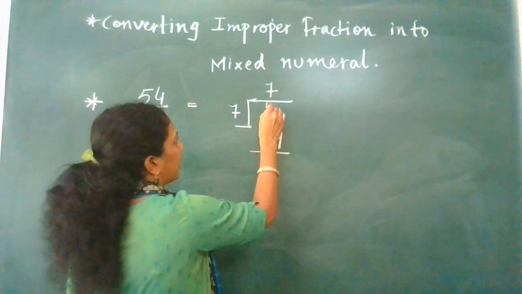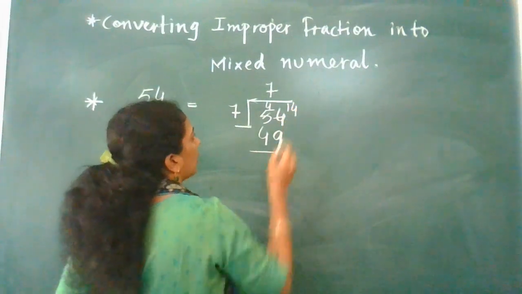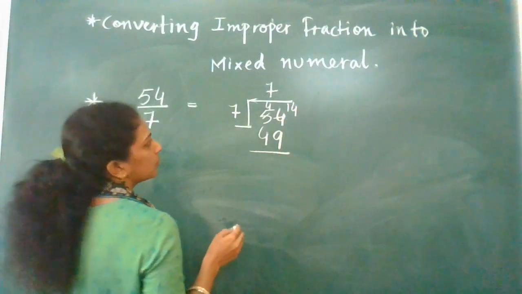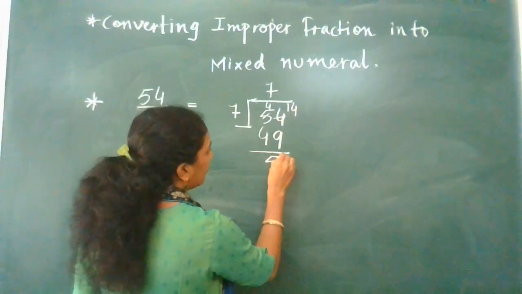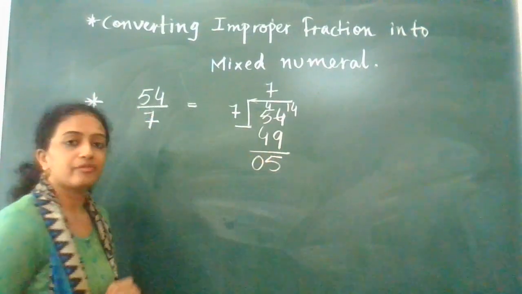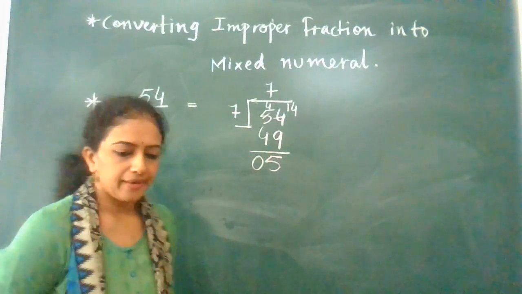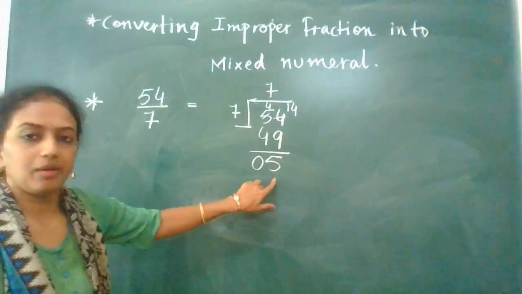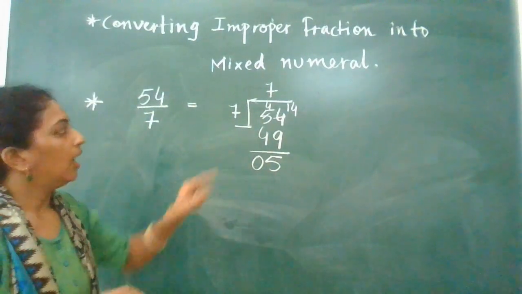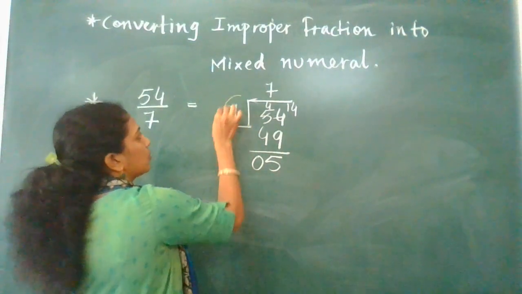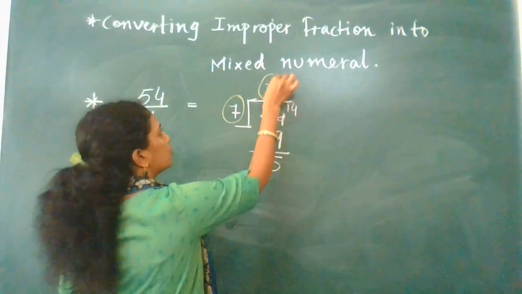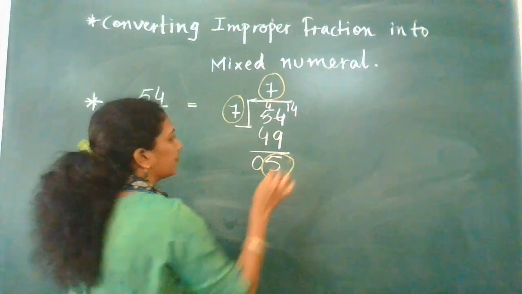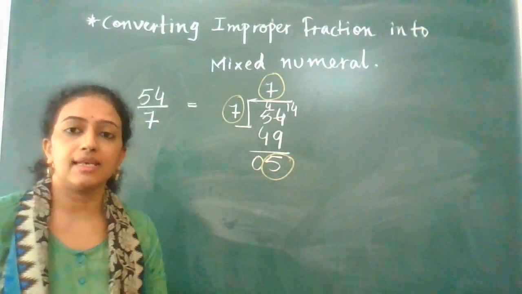Now we'll do the subtraction, and the remainder is 5. Now, when you have done the sum, there is a remainder. Now we have these 3 numbers: this 1, this 2, and this 3.